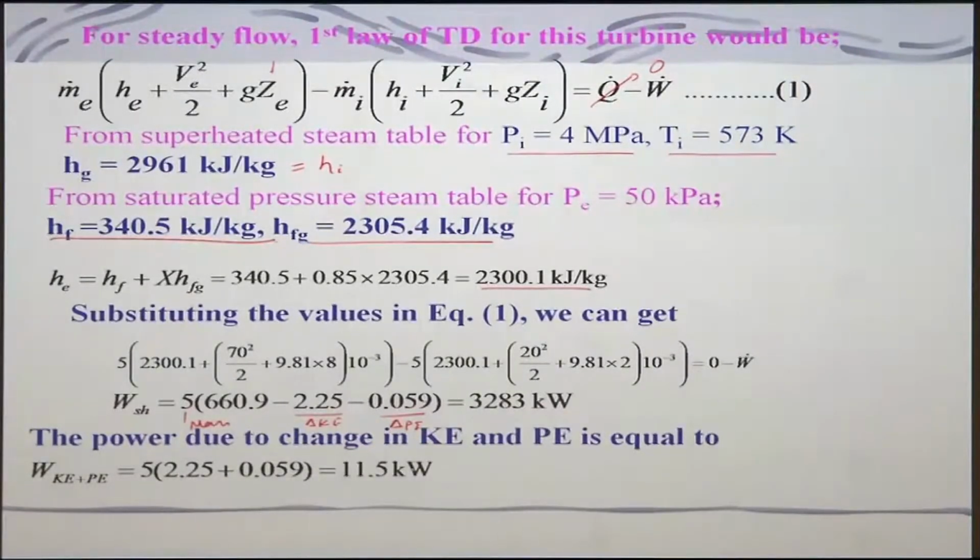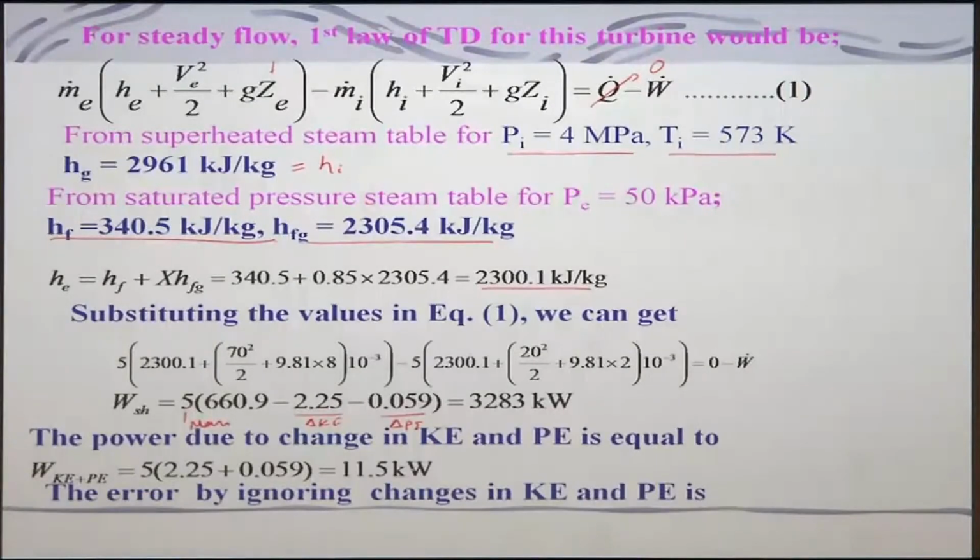The percentage error is 11.5 divided by 3283 into 100, which is about 0.35 percent, negligibly small. Therefore, we always neglect these terms, but if your problem says you have to evaluate them, please do that.